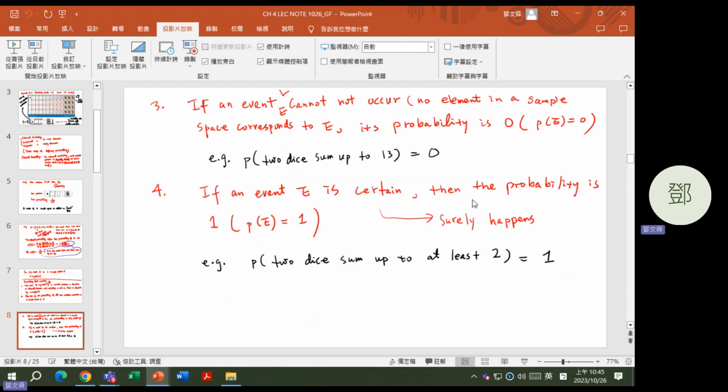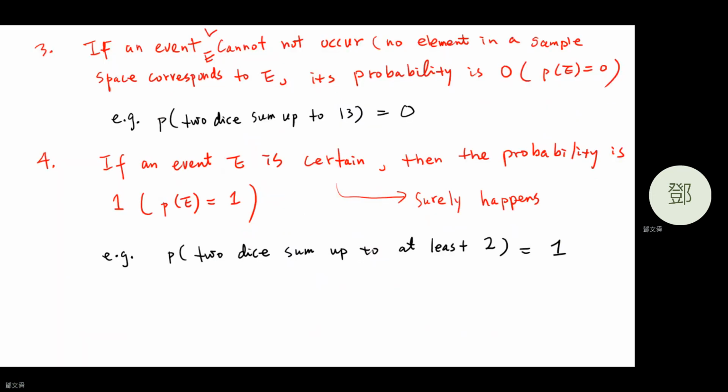And rule number 3: if an event E cannot occur, that is, there is no element in the sample space corresponding to E, then its probability is 0, denoted by P(E) equals 0.